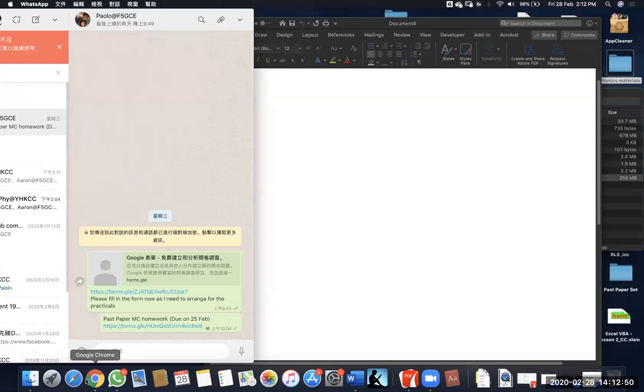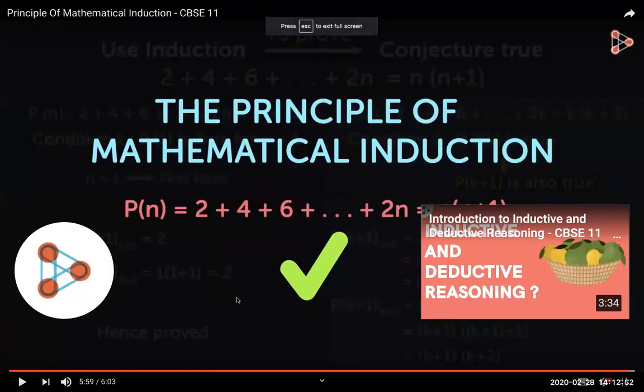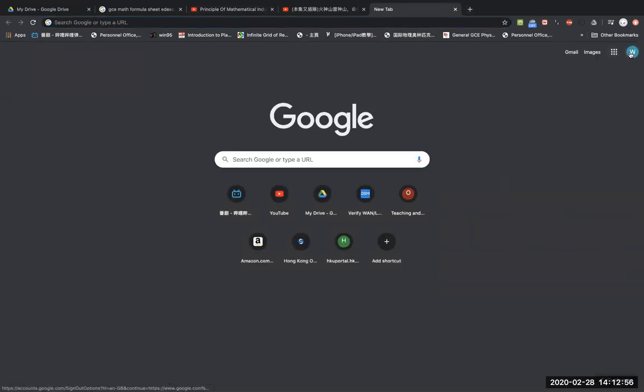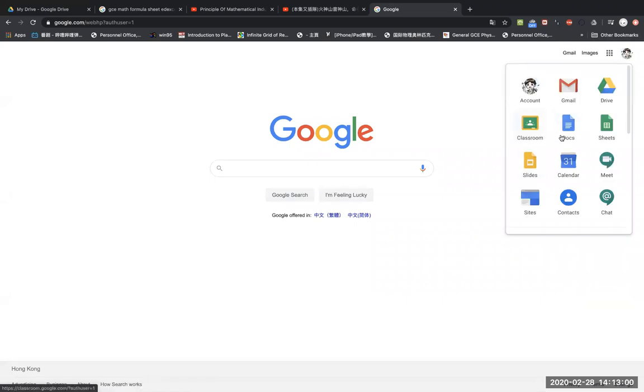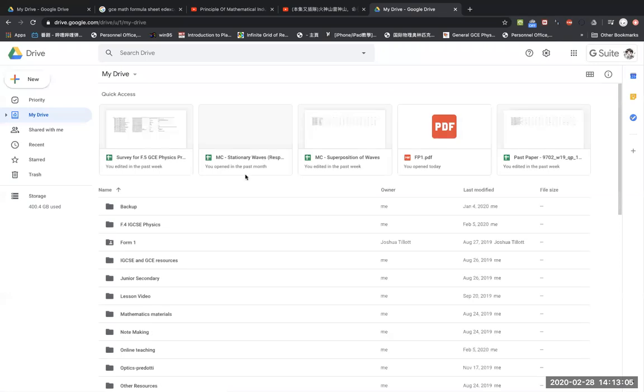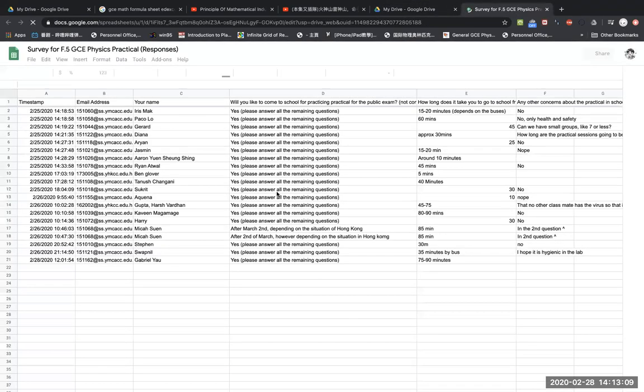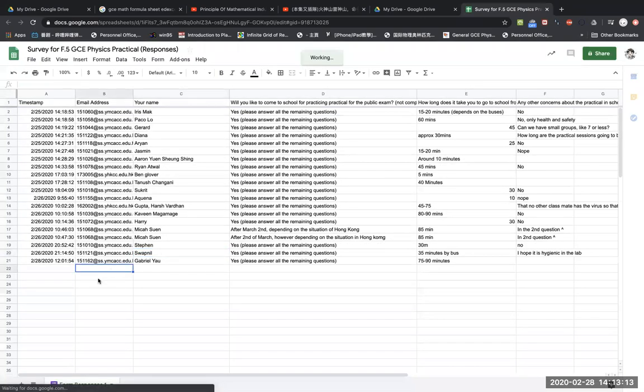Have you filled in the form? Let me see who haven't filled in the form. Yeah, probably me and Diana. Wait, what form? It's the form for the Form 5 GCE. Oh, for physics? Yes, physics. You still need to fill in the form.